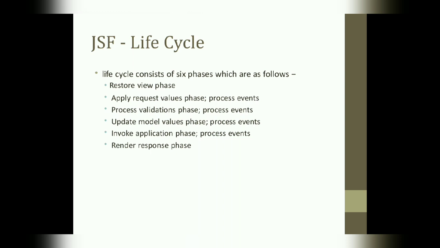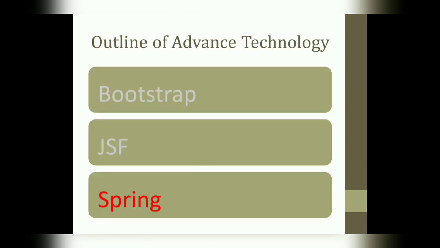So all these 6 phases make up the JSF application life cycle. These 6 phases show the order in which JSF processes a form. The list shows the phases in their likely order of execution with event processing at each phase.